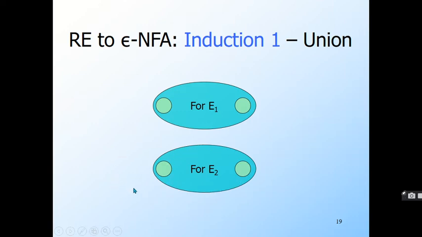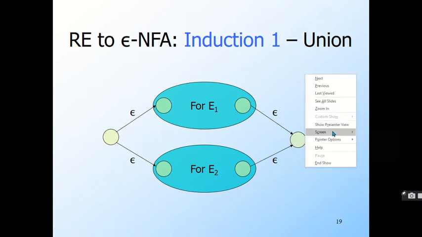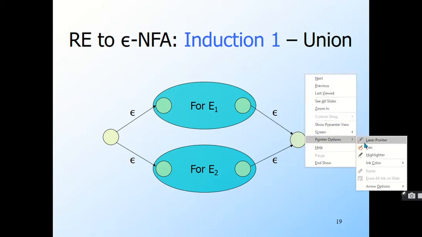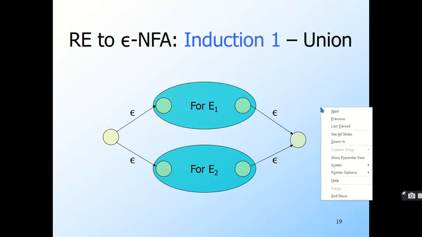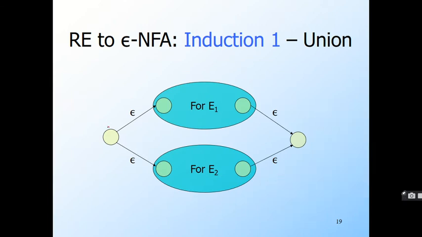Then we have a predecessor and a successor state, from which we have the epsilon transitions from the predecessor state, so that we can take either this part or this part.